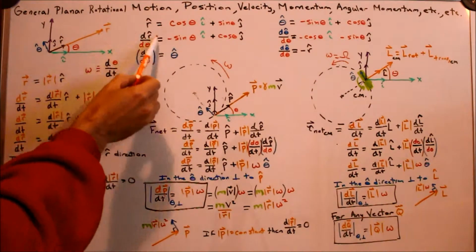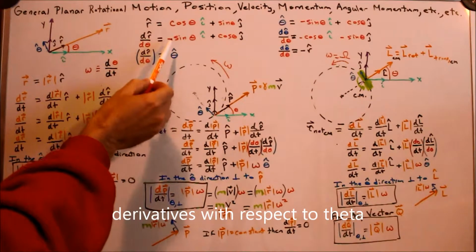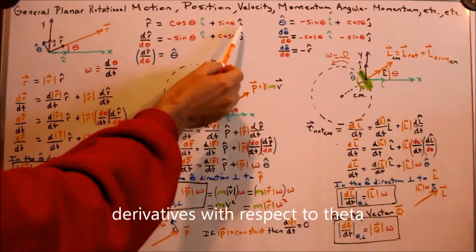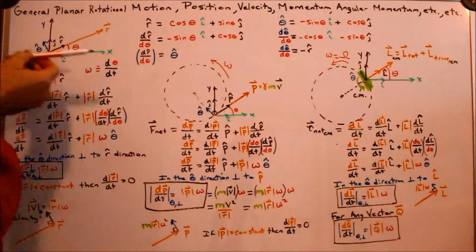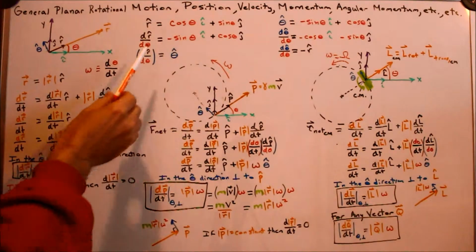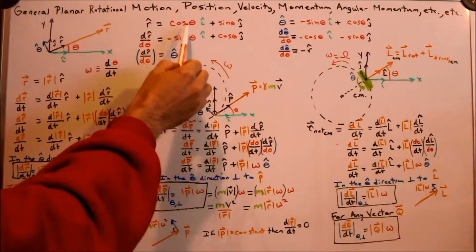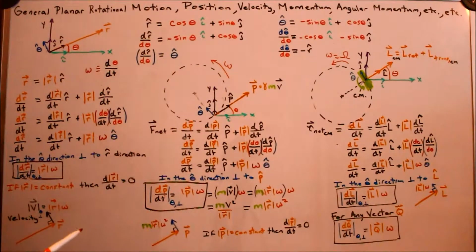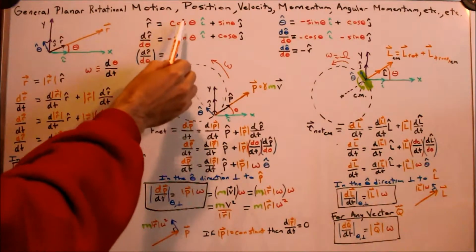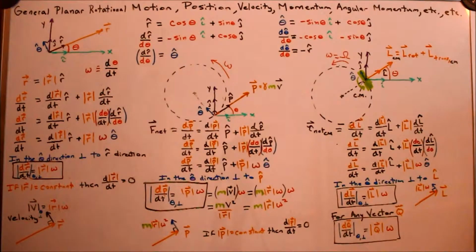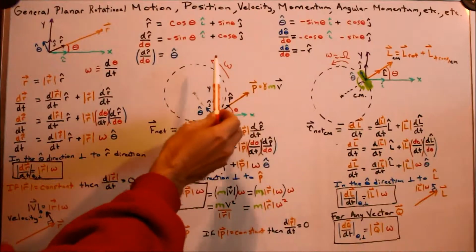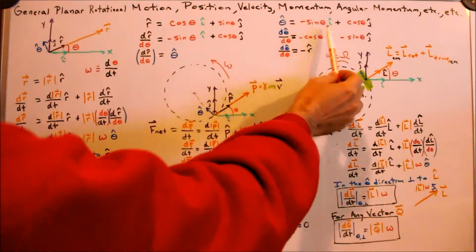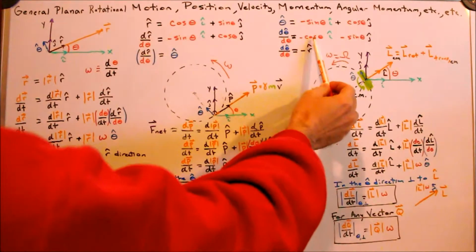Now I can take my derivatives. These i hat and j hat are fixed inertial coordinates, so they don't move as a function of theta or time. But if I know my calculus, I know the relationship between the derivatives of sines and cosines and get this. Same thing here, I can take the derivative of that with respect to theta.